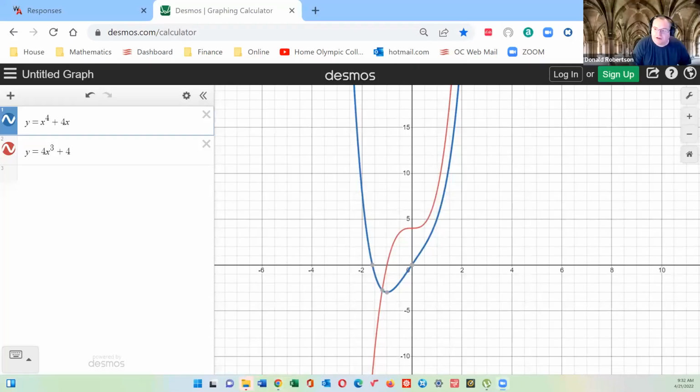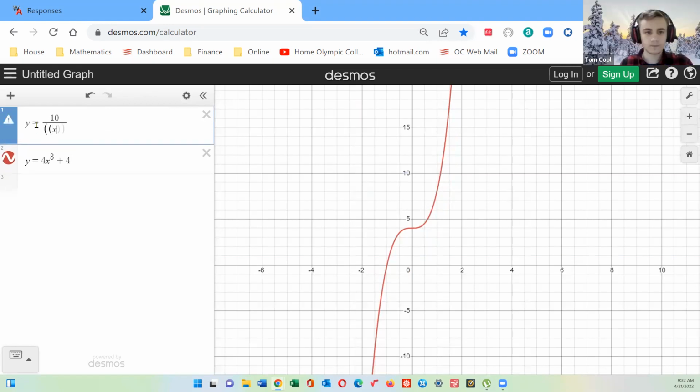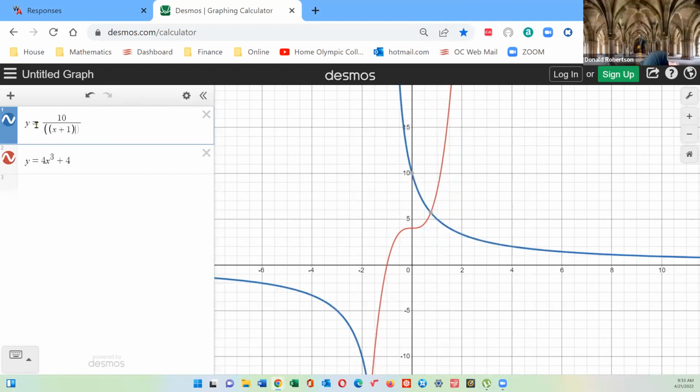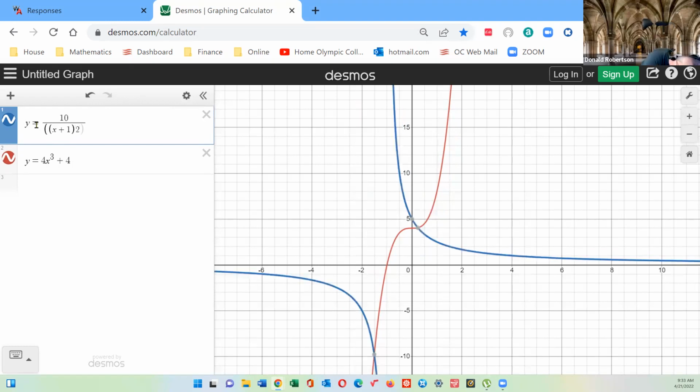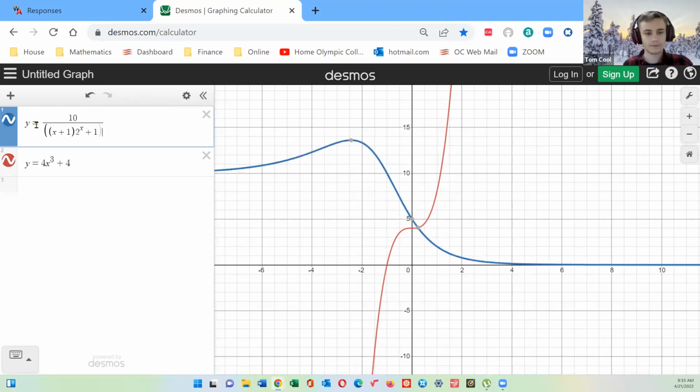Okay, let me try that again. Is it Desmos now? No, I see it. So this one here is going to be 10 divided by, put a bracket around it, and then another bracket x plus 1, and then 2 to the power of, in this case, x plus 1 again, and then a bracket.